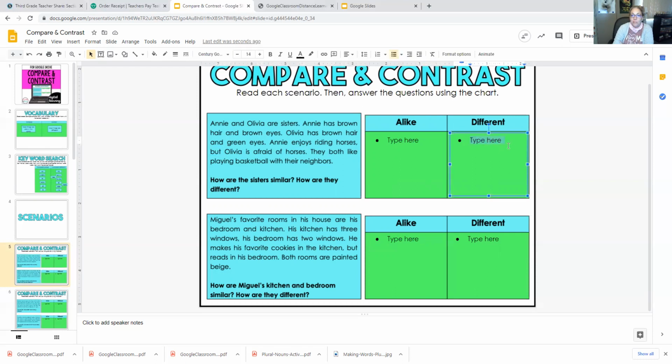So I am going to use that clue word, and I am going to say, Annie enjoys riding horses, and Olivia is afraid of horses.